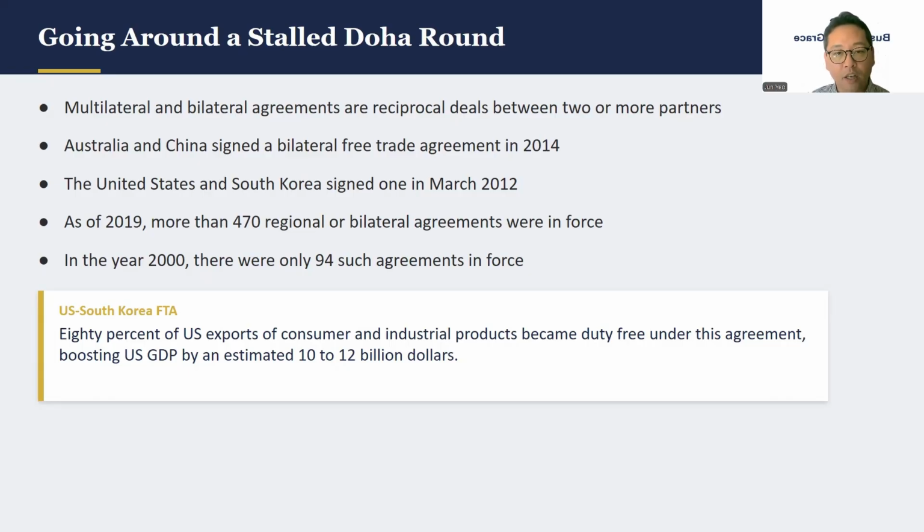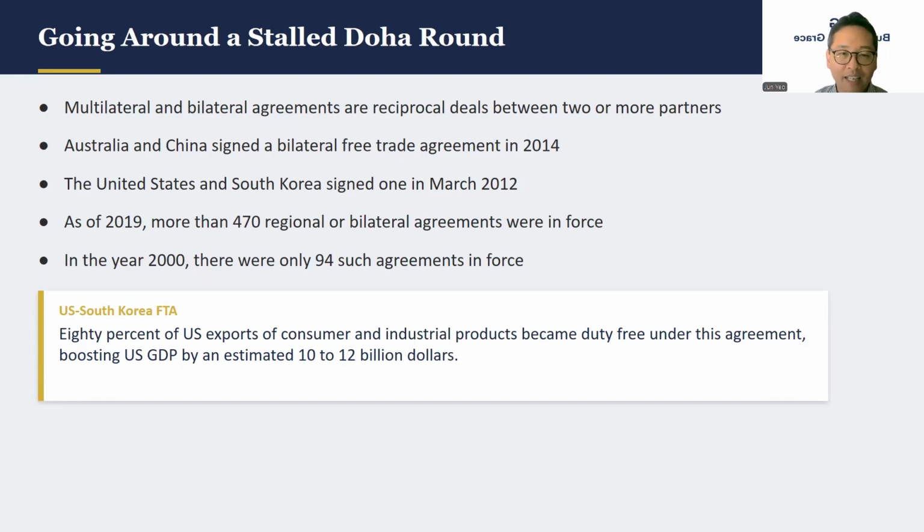Both of these larger efforts were later put on hold or abandoned once the political environment in the United States changed. Which brings us naturally into our next module. It is worth noting that these smaller deals are not a perfect substitute for a global agreement.